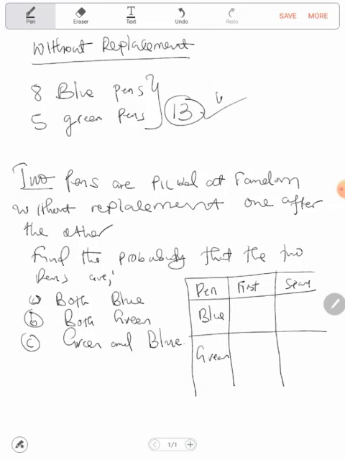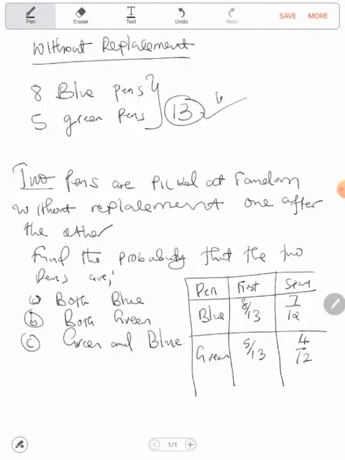Now let's say we picked blue in the first place, we are going to have 8 out of 13. If again in the second part we picked blue, it will reduce since we didn't replace it back, blue becomes 7. Even the total now will become 12. If we picked green in the first, green will still remain 5 out of 13. Again, if you picked green in the second, green will decrease by 1, even the total decreases by 1.